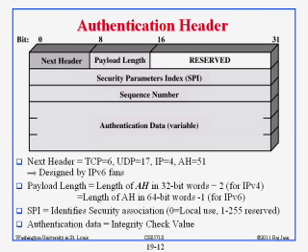Alright, so let's see. So the payload length is, now here is another kink, the length of AH in 32-bit words minus 2 for IPv4, length of the AH in 64-bit words minus 1 for IPv6. This is really crazy.